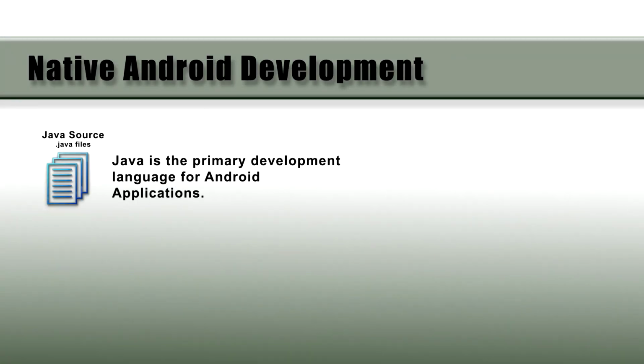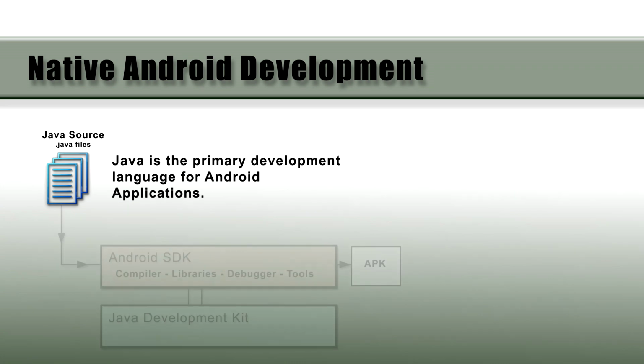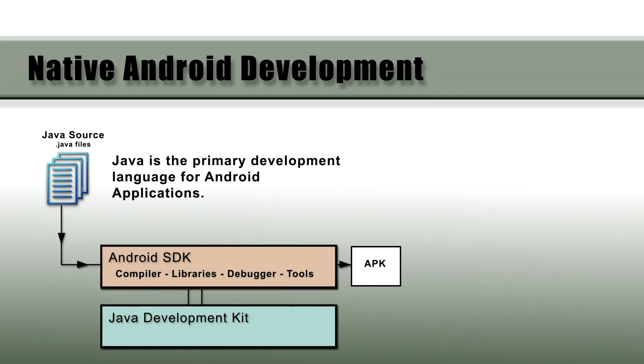Just as the primary development language on iOS is Objective-C, the primary development language on Android is Java. Applications are usually written in the Java language and compiled using the Android Software Development Kit, which is freely available from developer.android.com.